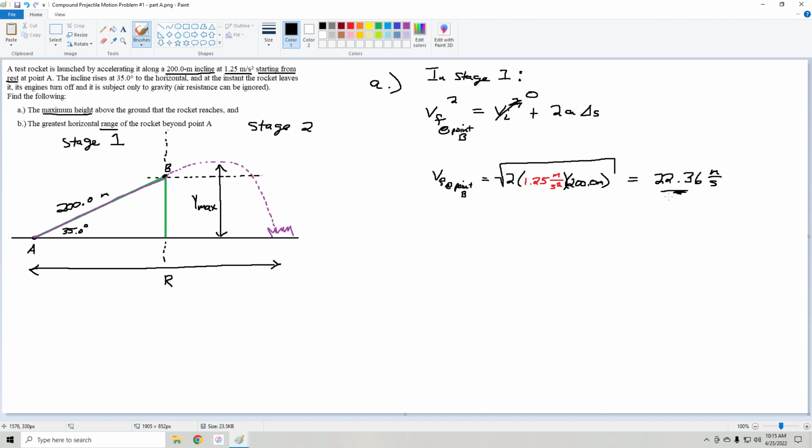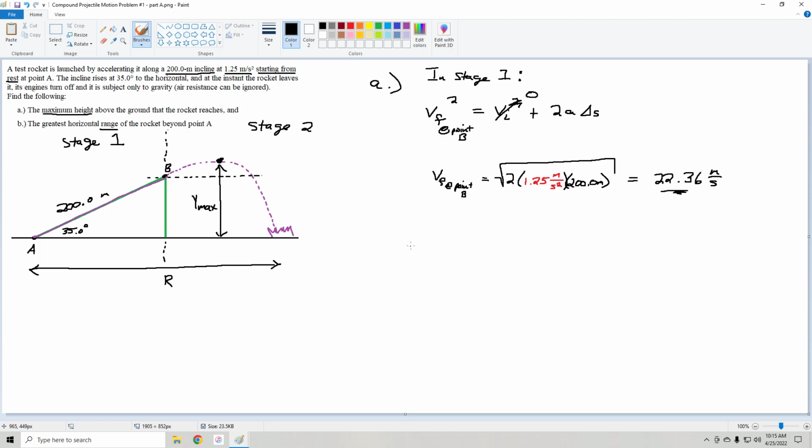And now we're going to use this number to finish off part A, which happens in stage 2. In stage 2, we know that when the rocket reaches the maximum height, the y component of the velocity ends up becoming 0. So what can we do here?